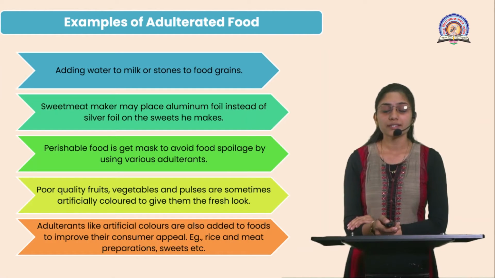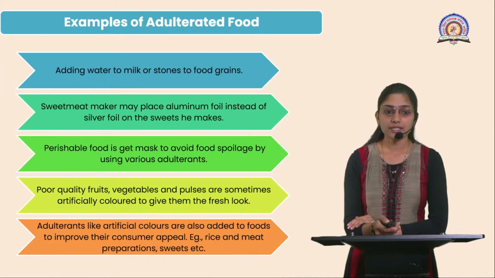Again, you can take a second example, that is food grain. The next is the sweetmeat maker may place aluminium foil instead of silver foil on the sweets he makes. This is another example of adulterated food. Next, there are some perishable foods which spoil very fast.